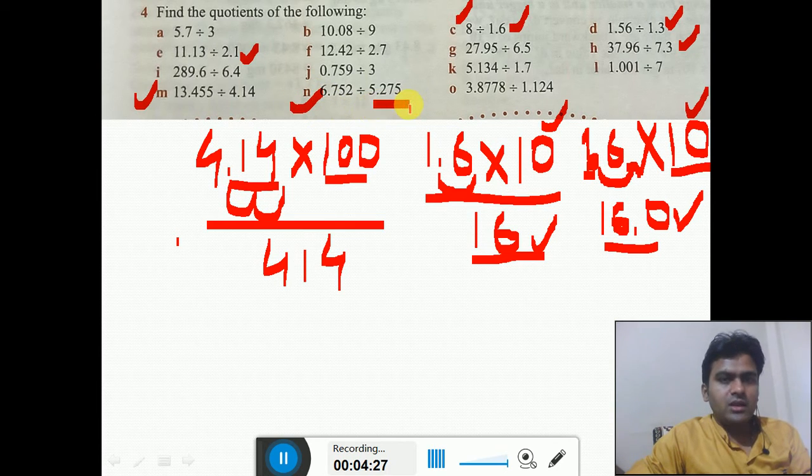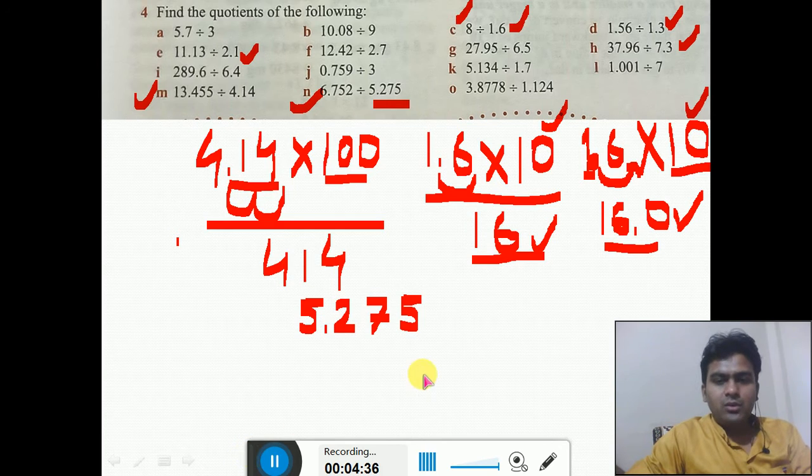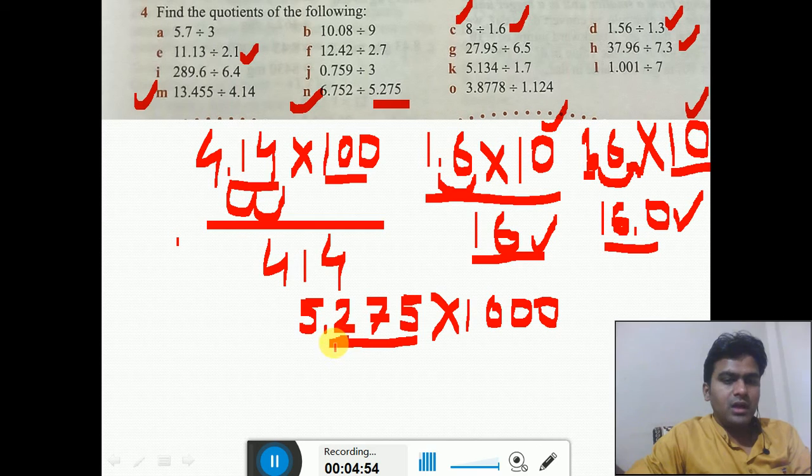Like this, see the question number N. In this also the divisor is a decimal number. So to convert this decimal number into a whole number, we have to multiply this number by 1000. Why 1000? Because here the decimal point is placed after 3 places from the right side. So we have to multiply this number 5.275 by 1000 to convert it into a whole number.